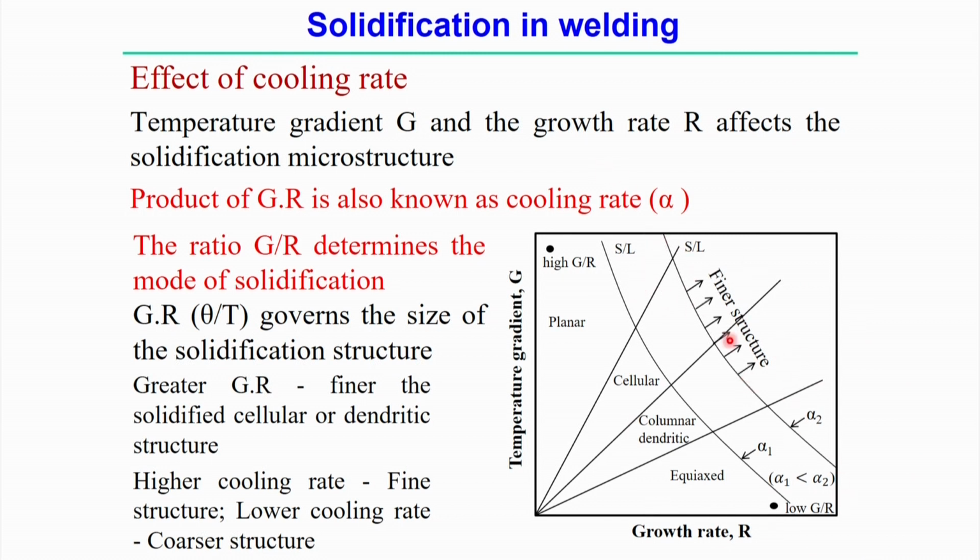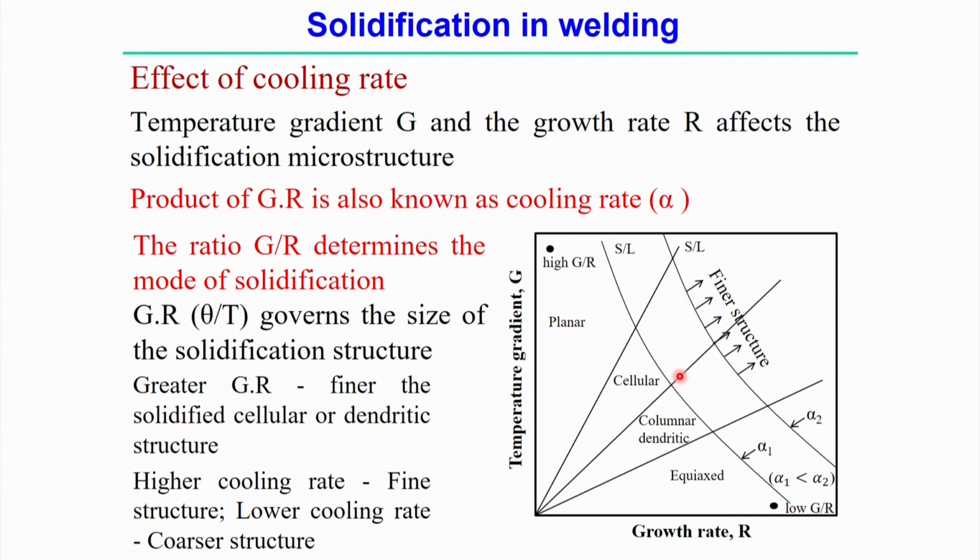But if you see from the graph, now we try to incorporate the effect of the cooling rate also. Here this line represents the cooling rate, G R. The first line, alpha 1, represents the low cooling rate, and the second line, alpha 2, represents the high cooling rate.